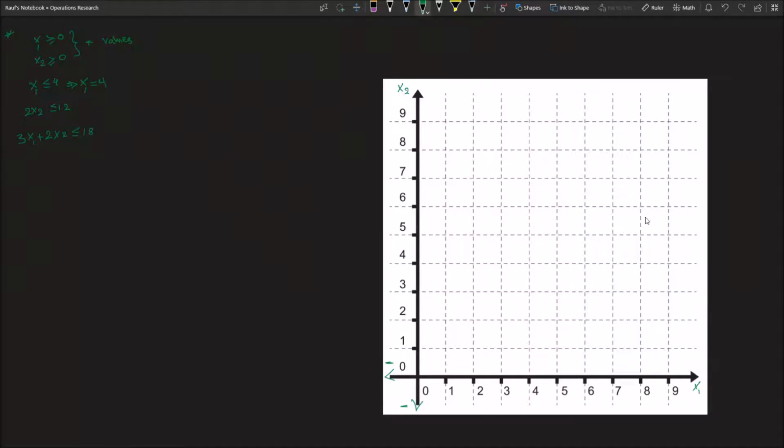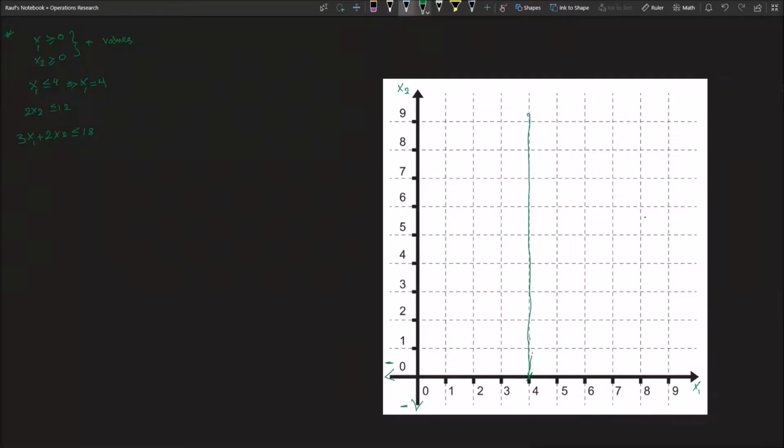Just same as your basic elementary middle school math class, you just draw x1 equals 4 on the Cartesian. I'll try to be a little precise in here. So that's x1 equals 4 on the Cartesian, right?